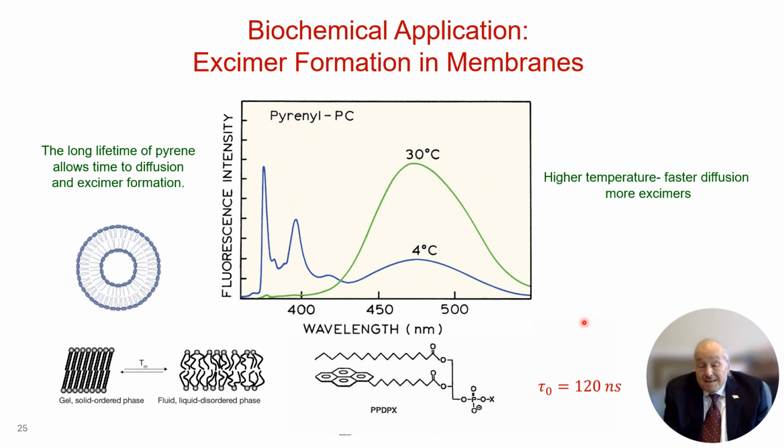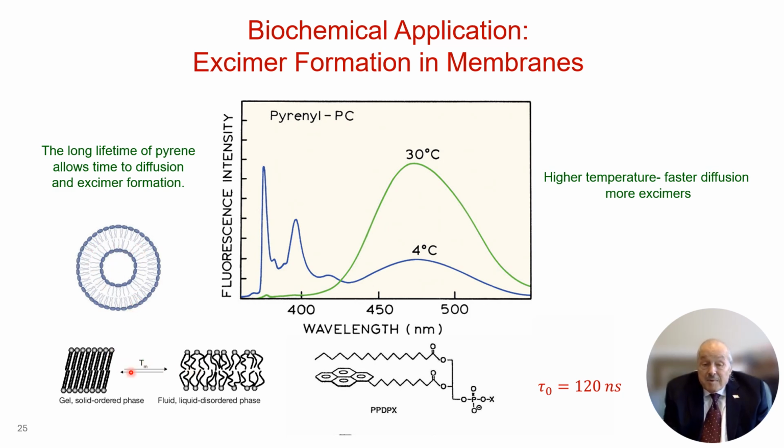Here's a real, believe it or not, biochemical example of excimer formation. This was done with this particular phospholipid derivative down here, where the pyrene was attached to an alkyl side chain. It was placed, in some small quantity, maybe 1 per 100 phospholipids, into a phospholipid vesicle.